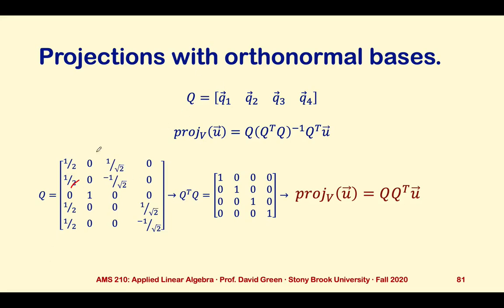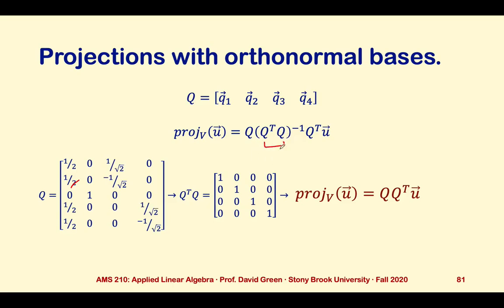They also are all normal in that if we sum up the squares of the entries in any column, we get 1. A quarter plus a quarter plus 0 plus a quarter plus a quarter is 1. Half plus a half is 1, and so on. When we have a matrix whose columns are both orthogonal to each other and normal, when we compute Q transpose Q, we will get the identity matrix.